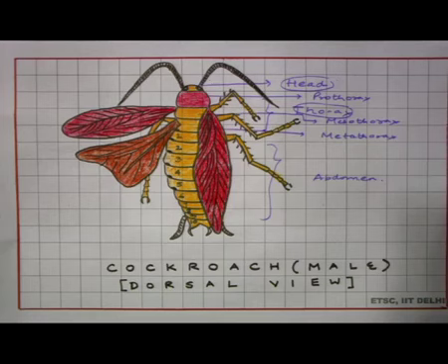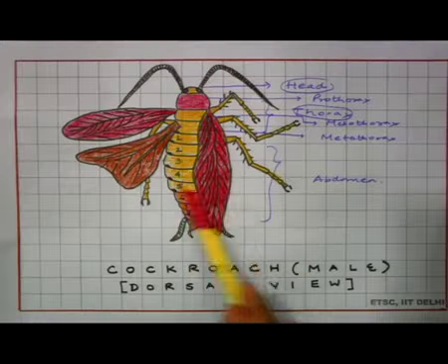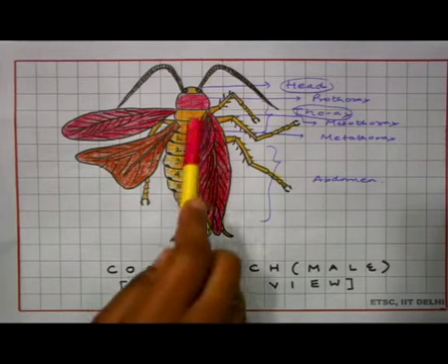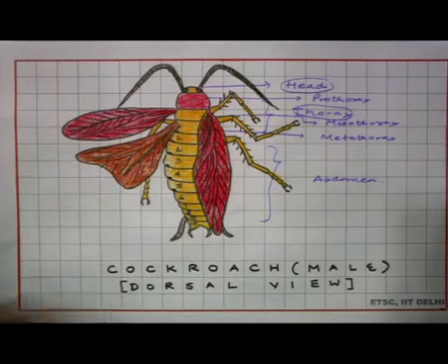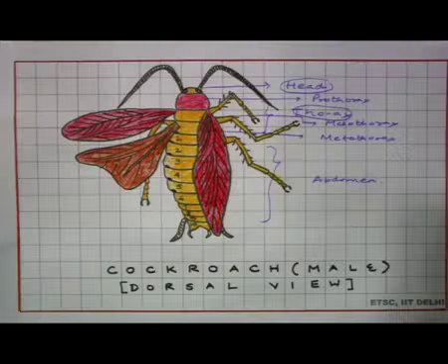Coming back to the segmentation, a clear cut segmentation is seen in the body. I have shown the segmentation over the body except at the head. At the head region, it is believed that in the embryonic stages there were 6 segments which got fused, but in the adults no segmentation is seen on the head region, and the thorax and abdomen show segmentation.